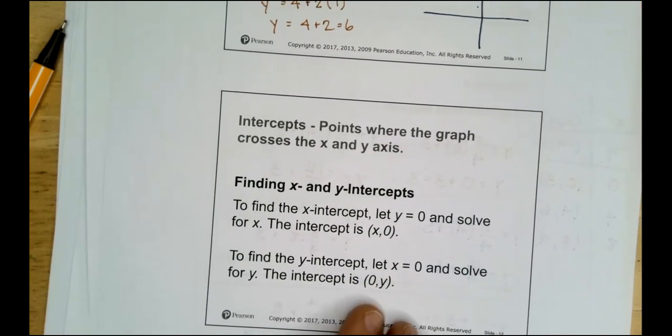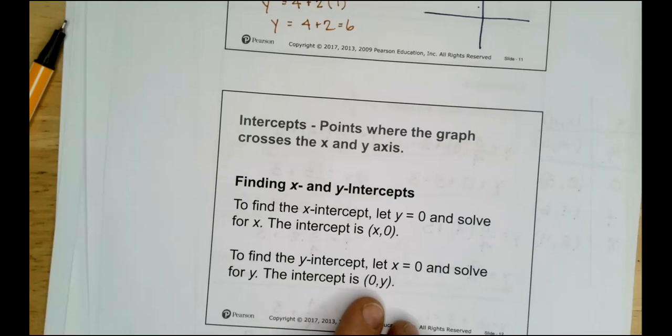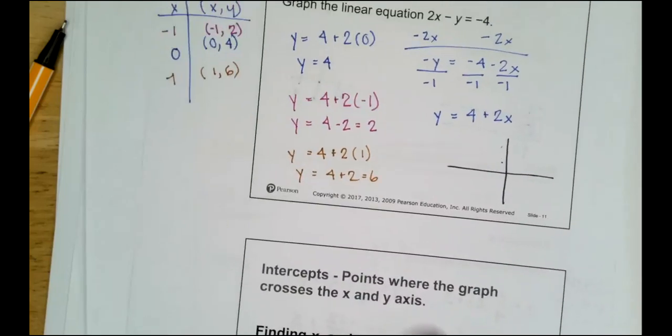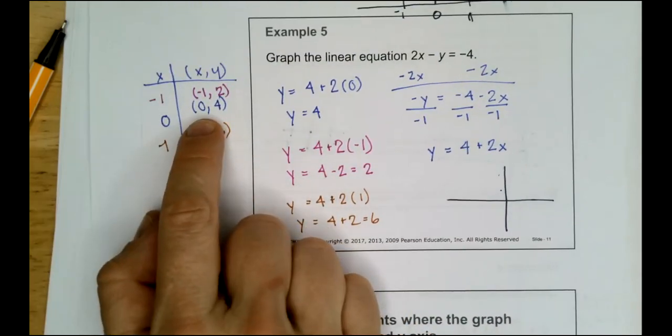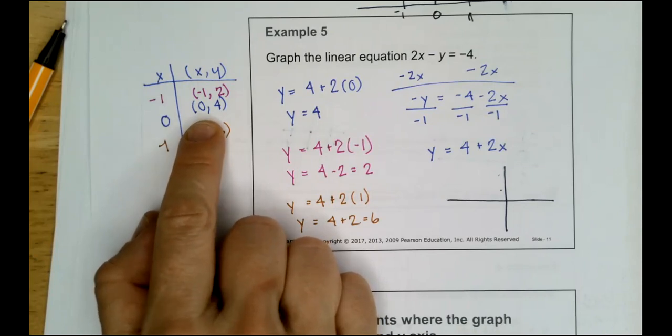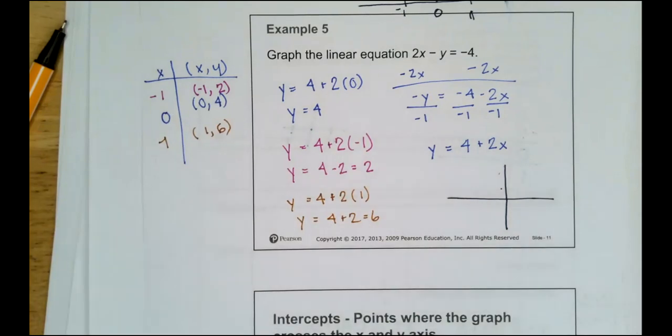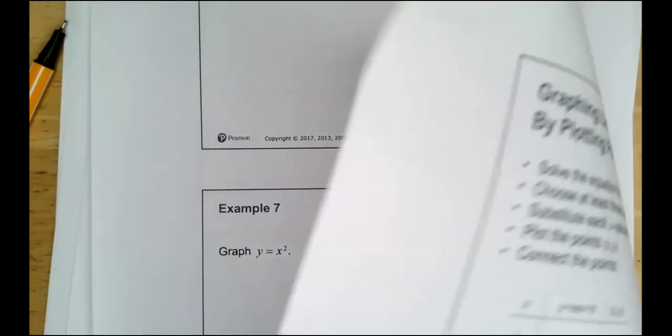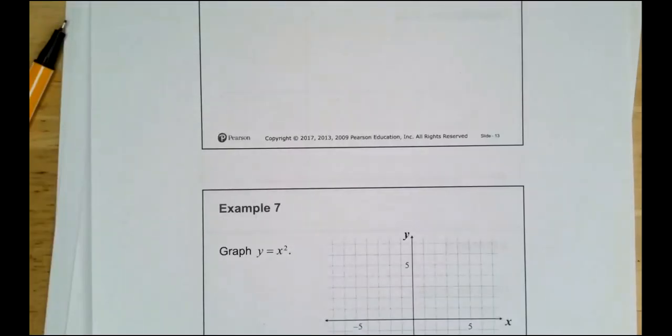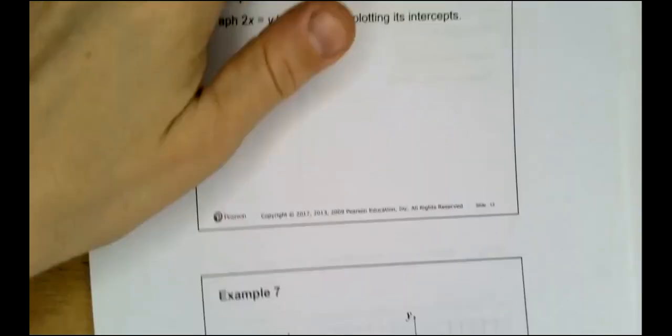The y-intercept is 0 and then whatever number you found for y. For example, here is our x-intercept, 0, 4, right? Because x is 0, y is 4. So that's, oh, sorry, that's our y-intercept. That is confusing.